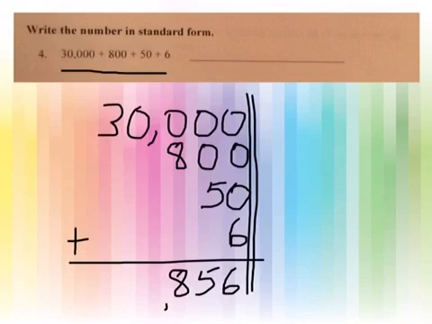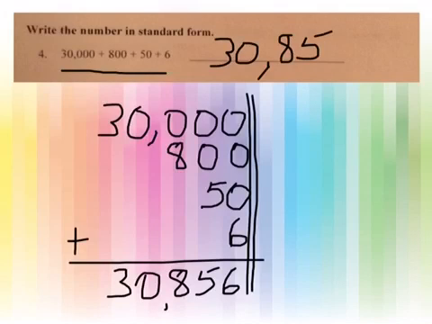And then my comma. And then I really don't have anything left to add. I just have that 30,000 hanging out. So I'm going to drop it down here. So going into standard form, the number looks like 30,856.